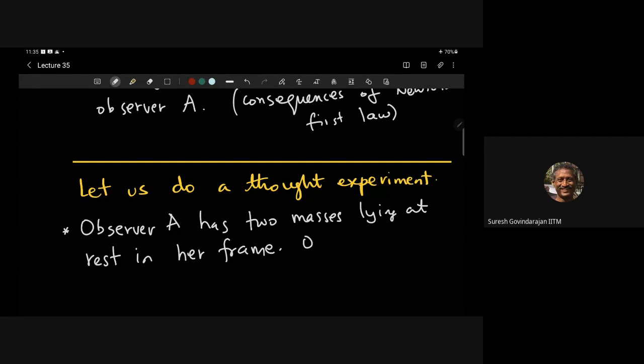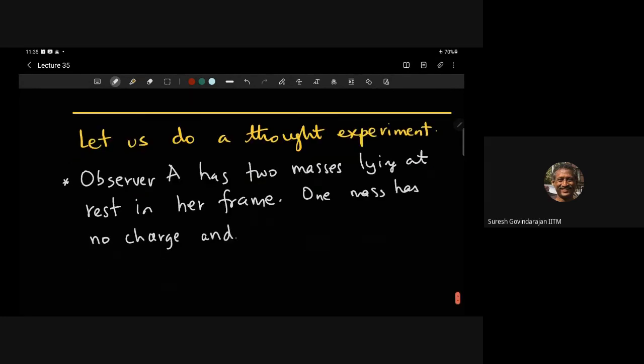One mass has no electric charge, it's not electrically charged, and the other has charge Q. One reason to take two masses rather than one is that I want a situation where one mass will not feel the electromagnetic field because it's chargeless, the other will. This is just to contrast what will happen.